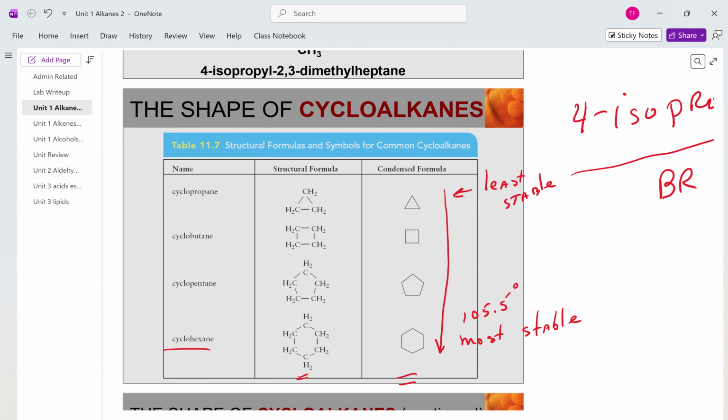Being the least stable, that means it's going to want to react faster than the most stable one. So it always goes from unstable to stable. If you're very unstable, it goes to stable quicker than if you are relatively stable to start with. But it always goes in that direction.